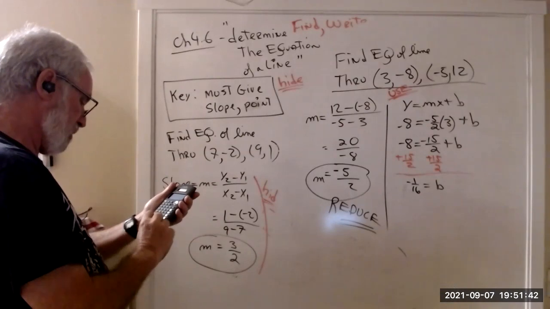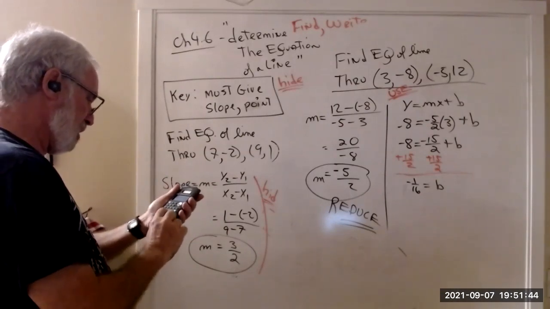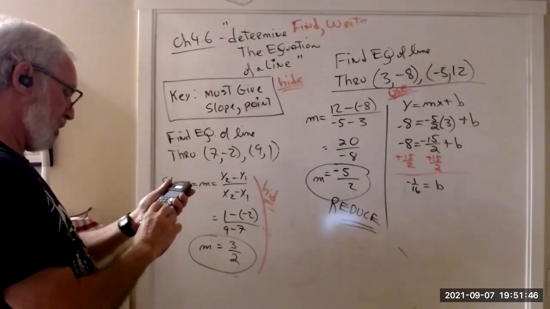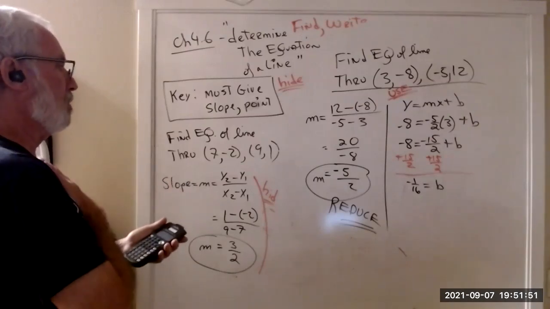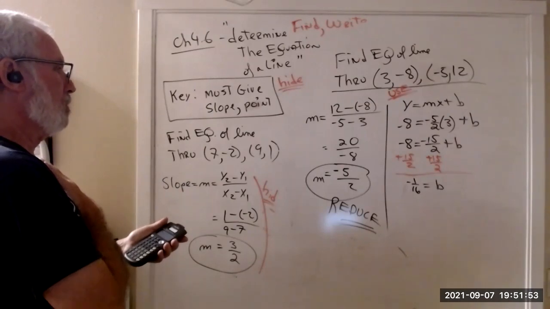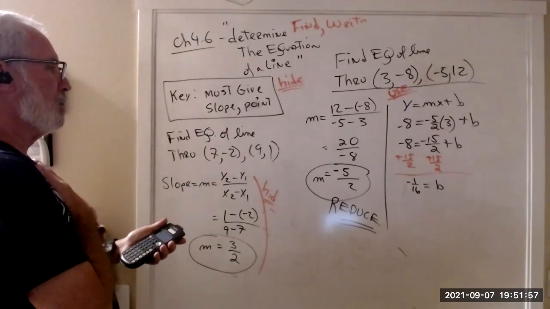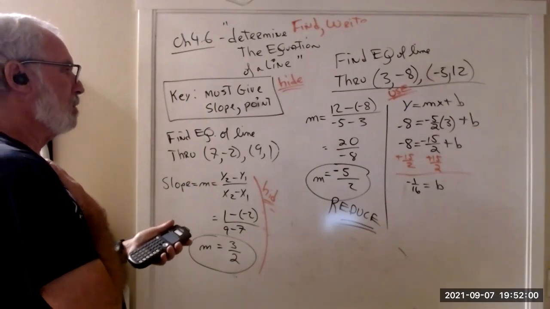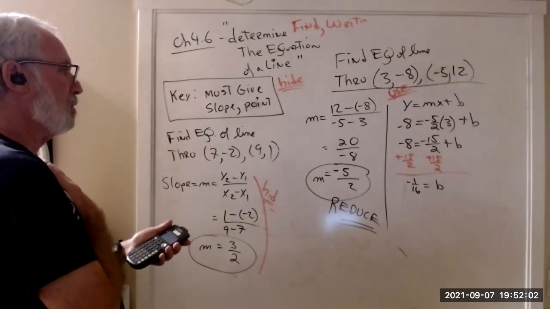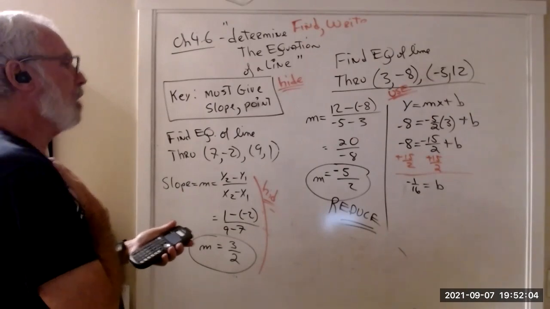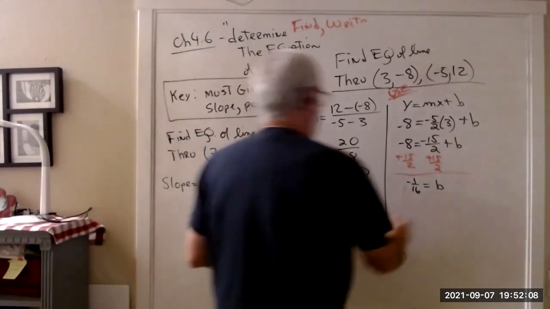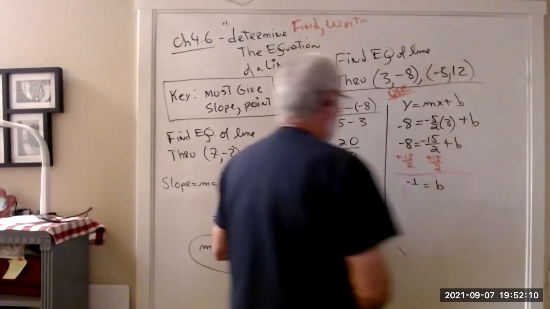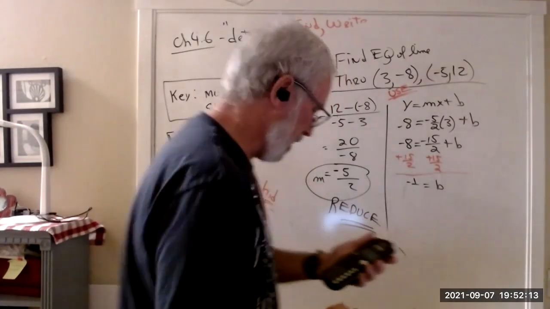So I have -8 plus 15/2. Wouldn't b be -1/2? Oh yeah. What a dip. Keep the denominator, idiot. Okay. Yeah, you're right.